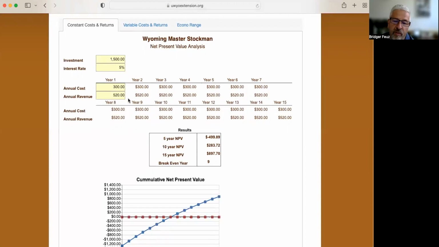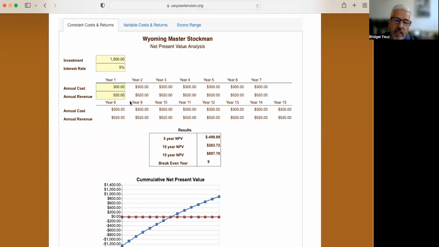So if you were moving from flood irrigation to center pivot, or from side rolls or other types of irrigation to center pivot, estimate the additional hay that you would produce from that center pivot and assign that value. So in this example, we said $520 an acre.